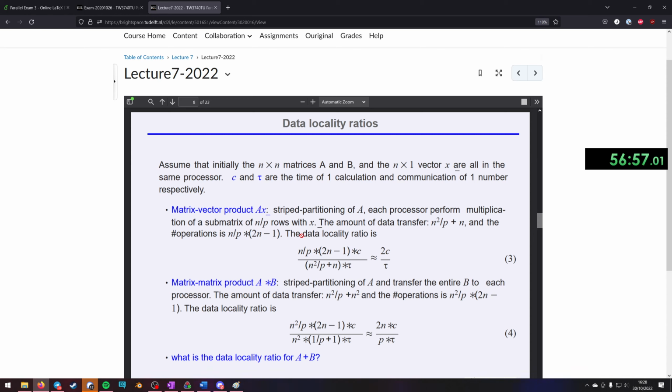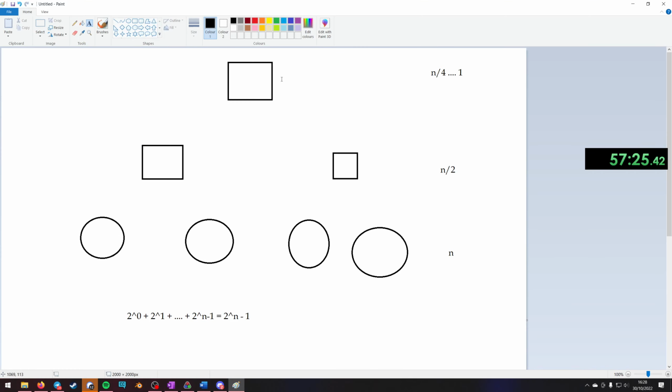And then it needs to do n minus 1 over p additions. No, it needs to do n minus 1 times n over p additions. So this also makes sense, and I can explain it to you with a visual, because I'm just shouting numbers at this point.